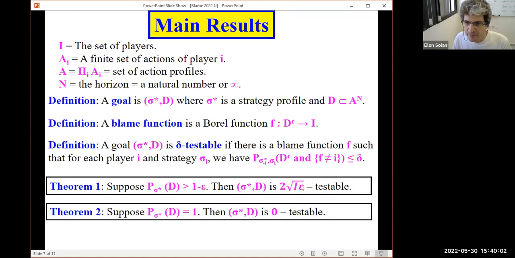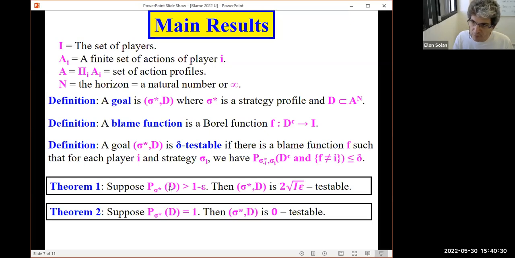So the square root of epsilon is 0.1, right? So what we have here is 2 times square root of 2 times 0.1, which is about 0.3. 0.3 testable, so we make a mistake with probability 30%.